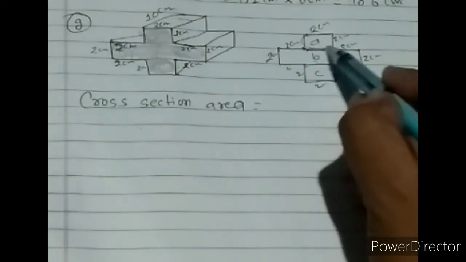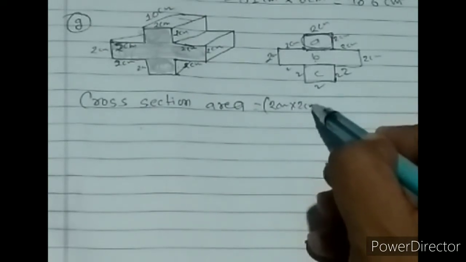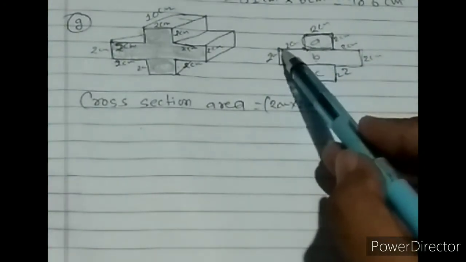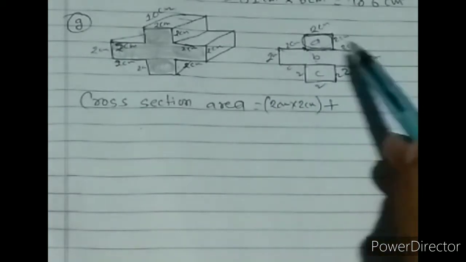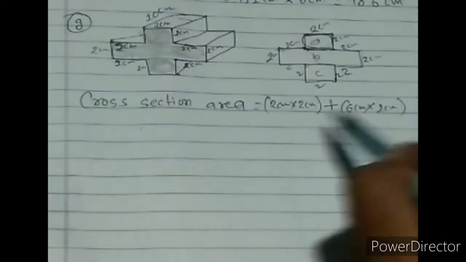So its area is the cross section area. So what is the area of this upper part, this rectangle? 2 into 2, plus area of B. 2 plus 2 plus 2 is 6, because this is 2 and here 2, here 2. 6 into 2, length into breadth.